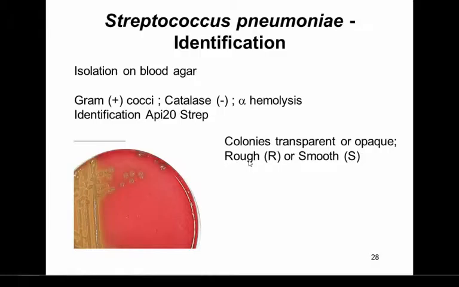If you have a mix of live bacteria that are rough and killed bacteria that are smooth, the mice still die because you have transfer of genetic information from the dead bacteria to the live ones. And it was proven that this was via transfer of DNA. This is one of the very first indications that DNA is the genetic material and not proteins. And I am sure you have done this in molecular biology.